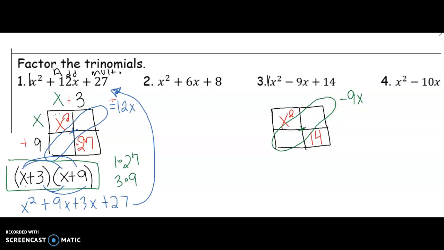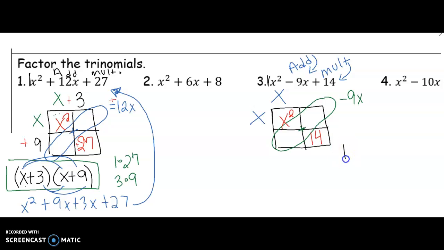Again, don't forget your negatives when doing this problem. So we're looking for two numbers that multiply to 14 and add to negative 9. Let's start with the basic step where we know what two numbers give us x squared, which is going to be x and x. That's nice and simple. But now let's think of our factors of 14.